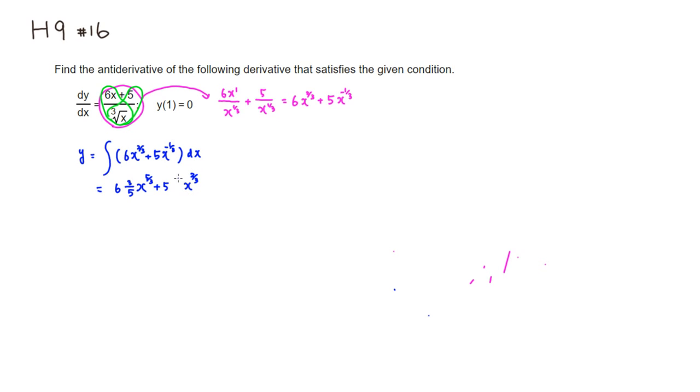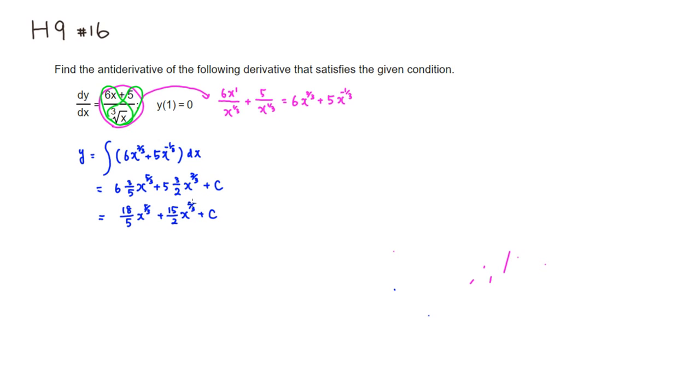Dividing by 2/3 is multiplying by 3/2. Then you have plus some constant c, since this is an indefinite integral. Let's clean it up first. It's going to be 3 times 6, so 18 over 5 x to the 5/3 power, plus 15 over 2 x to the 2/3 power, plus c.